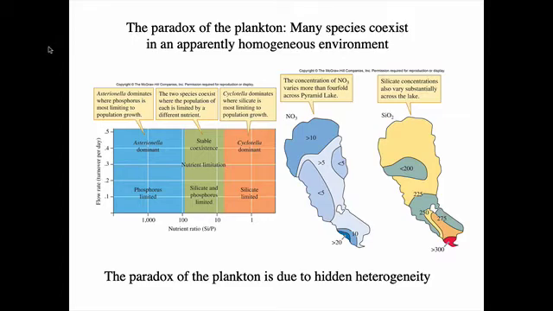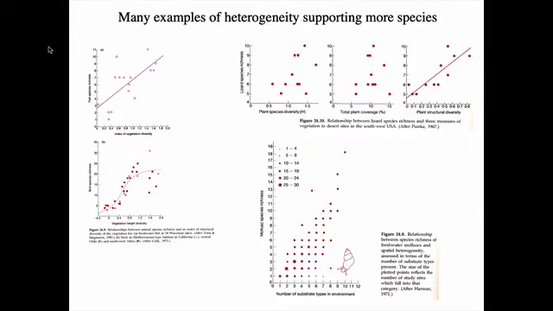Is it now hard to see how there might be a lot of different plankton species in this lake? They're seeing something completely different than we are. The hidden heterogeneity in nature is a really compelling explanation for species diversity in local communities. Okay. And we find that heterogeneity applies to many, many, many communities.